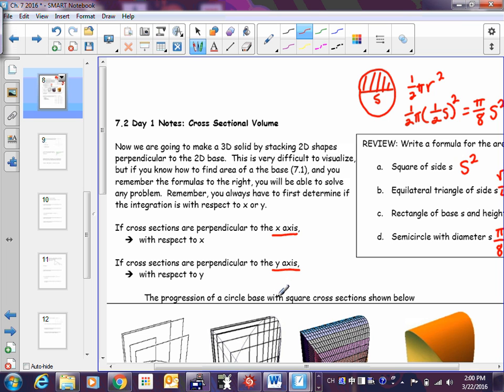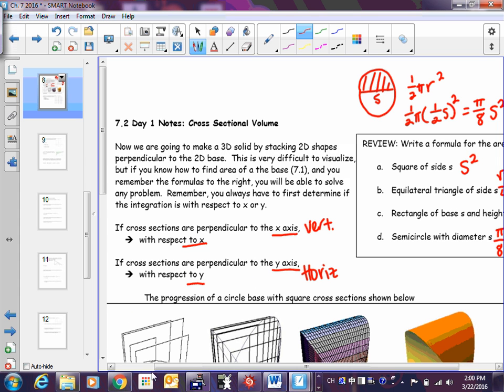And that's going to tell you that you have to do the problem with respect to x or to y. So this has to do with are your shapes vertical, okay, which would be x-axis, or horizontal. So you don't get to choose in this section, which isn't bad, because sometimes choosing was the hard part for some people anyway.